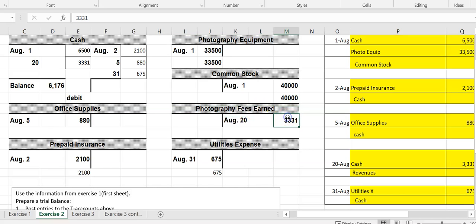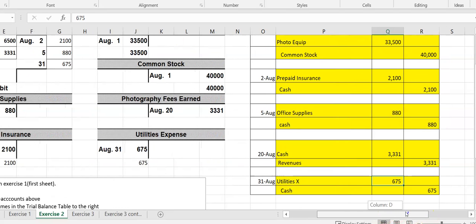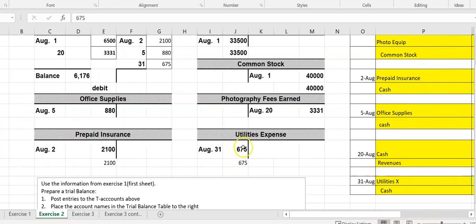So that's $3,331 here. And that's a credit. That's on the credit side. Finally, you paid utilities for $675. And that went here as a debit. And you credited cash right here. So now you've taken the journal entries and you've placed them in the general ledger.